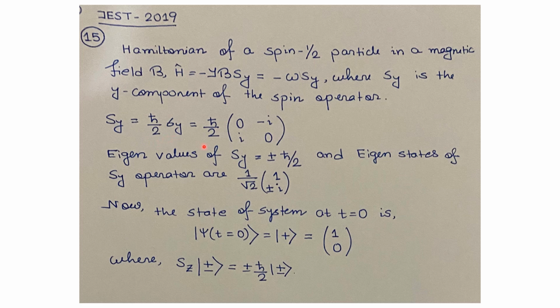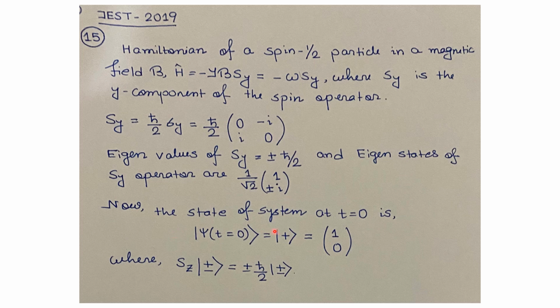So it will give h cut by 2 times the matrix 0 minus I, I 0. Now the eigenvalues of the operator Sy are plus minus h cut by 2, and the eigenstates of the Sy operator are 1 by root 2 times the column matrix 1, plus minus I. Here the plus sign is for upspin and the minus sign is for downspin.